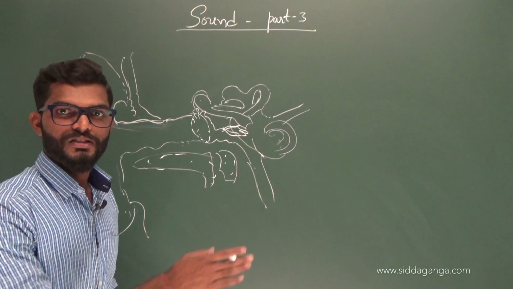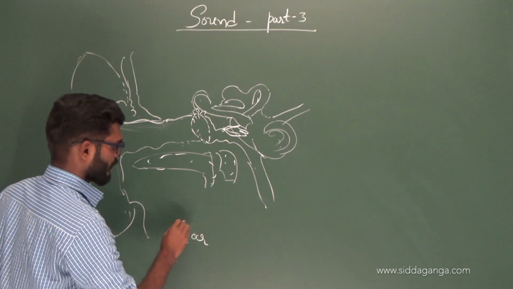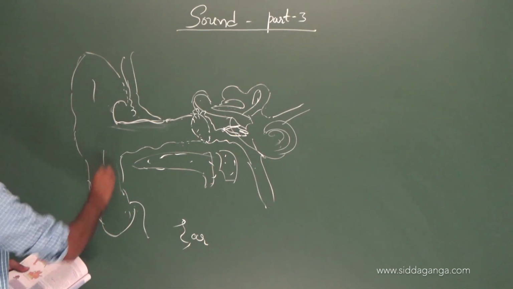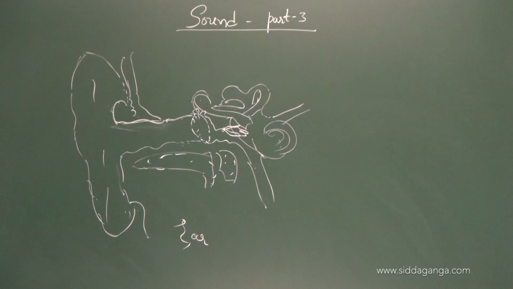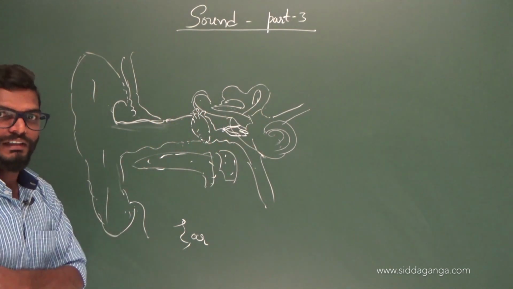Right, I just drew this human ear in a rough way. So this is the outer part of the ear, outer ear, this is the inner part, this is the middle ear, middle part of the ear.